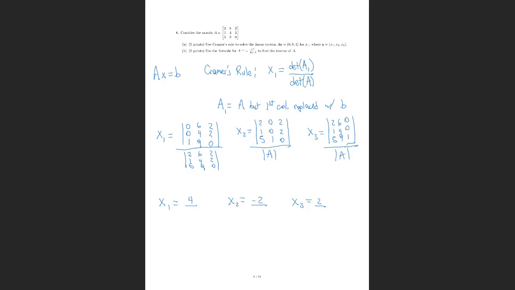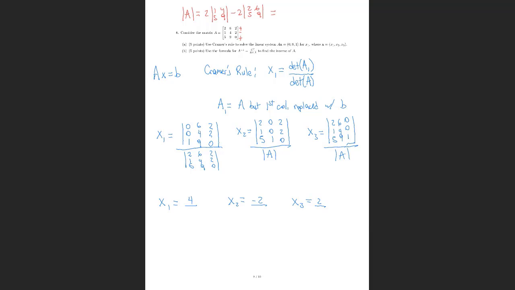So to calculate the determinant of A, I'll do that up top. Let's do cofactor expansion along the first column because we have a 0 there. So it would be 2 times the determinant of 1, 4, 5, 9, minus 2 times the determinant of 2, 6, 5, 9.